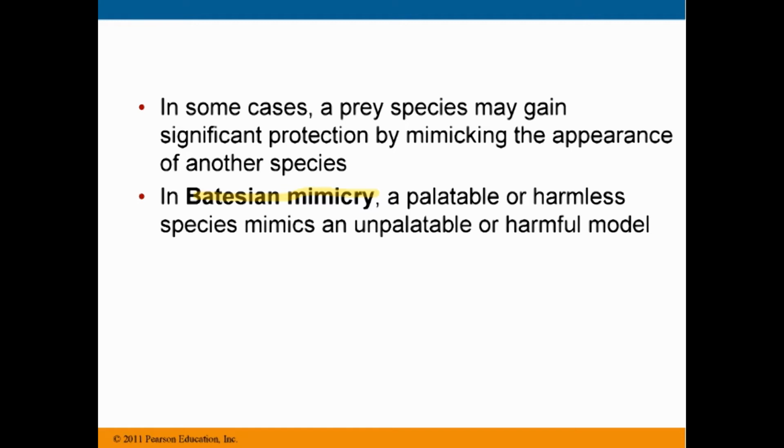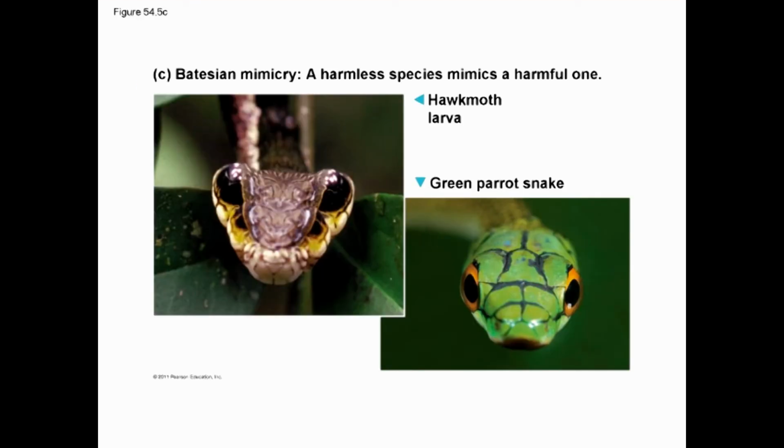So in real terms, what that means is you're going to have a species that tastes just fine that's going to mimic another species that gives off a chemical that either tastes really bad or can be poisonous to the predator. Here's Batesian mimicry, and we've got a harmless species that mimics a harmful one.